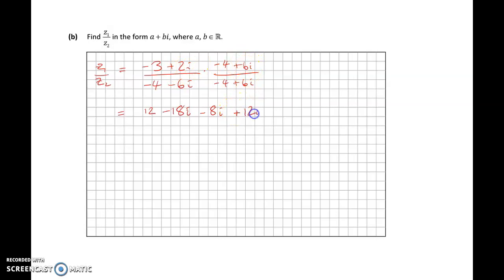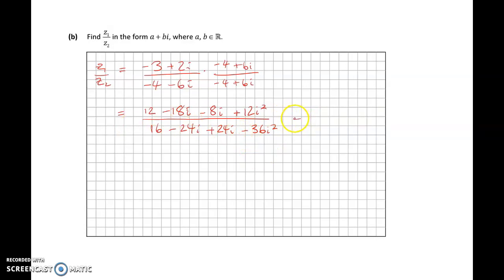So that gives me 12i squared. On the bottom, minus 4 times minus 4 gives me positive 16. Minus 4 times 6i gives me minus 24i. Then minus 6i by minus 4 gives me positive 24i. And minus 6i by positive 6i gives me minus 36i squared.